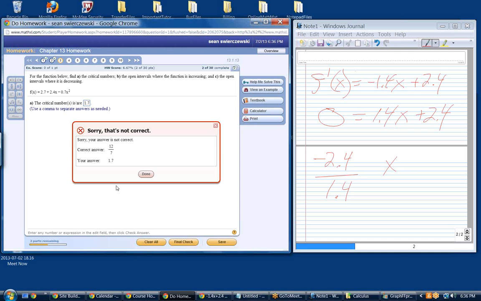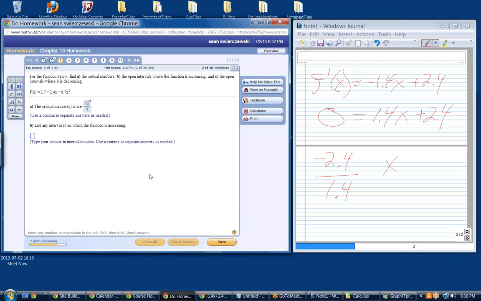Notice that I got negative 2.4 over 1.4. That reduces to 12 sevenths. And 12 sevenths is perfectly 100% accurate, whereas when I tried to put it in as a decimal, the best I could do is round it off. So I kind of understand why they want it as a decimal. I just didn't know that to begin with.